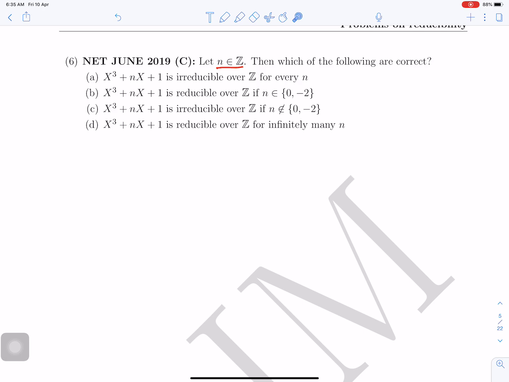Option B, the same polynomial x cube plus nx plus 1 is reducible over Z if n is 0 or minus 2, and the polynomial is irreducible over Z if n is other than 0 or minus 2. And x cube plus nx plus 1 is reducible over Z for infinitely many n.